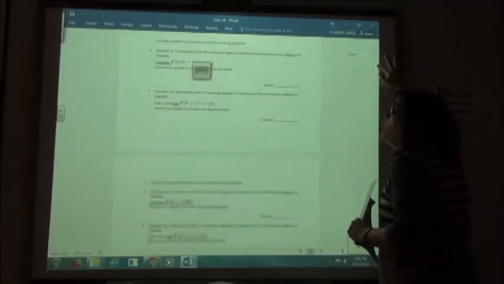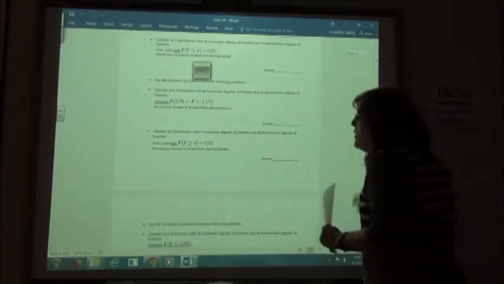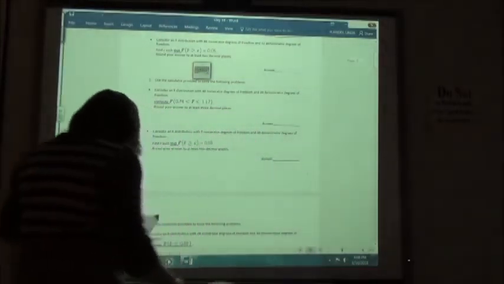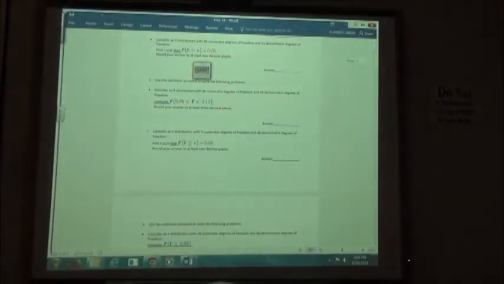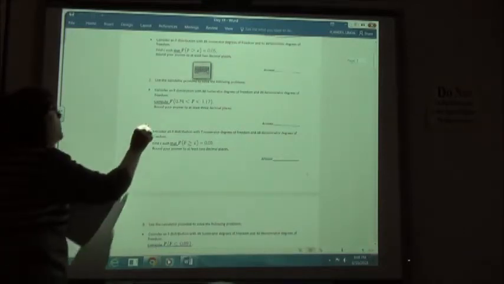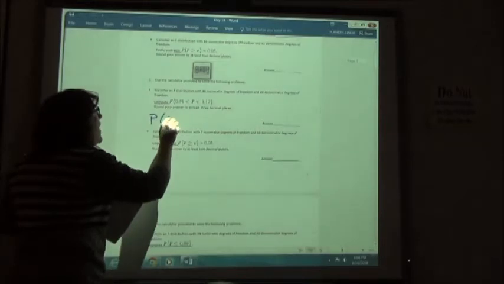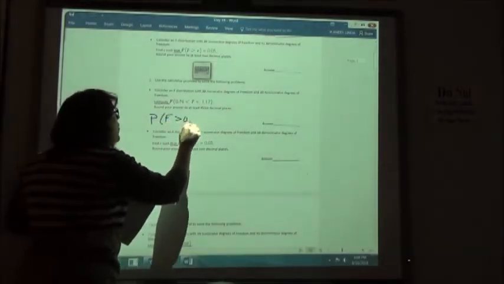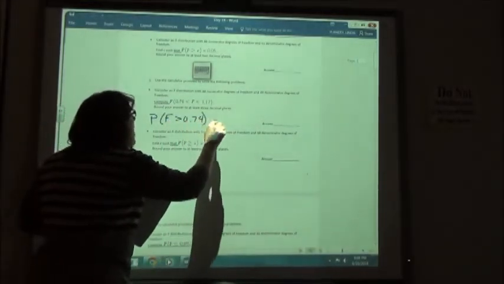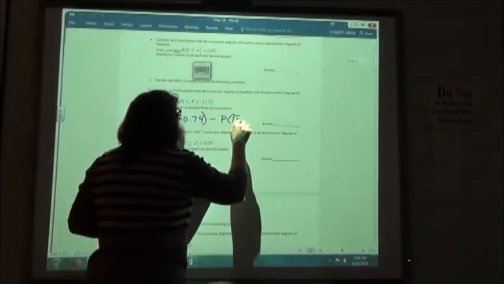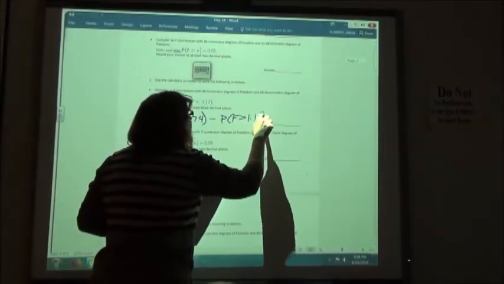So on number 2 then, we want to do between two numbers. So if we're going to do between two numbers, we're just going to basically subtract the two values. So we're going to do P of F is greater than 0.74 minus the P of F is greater than 1.17.